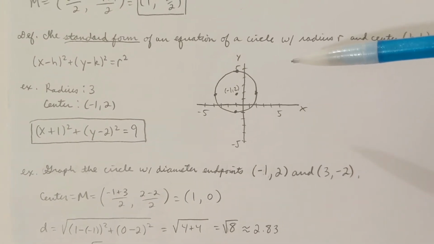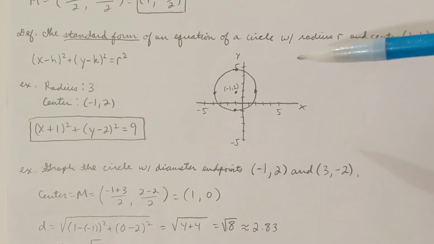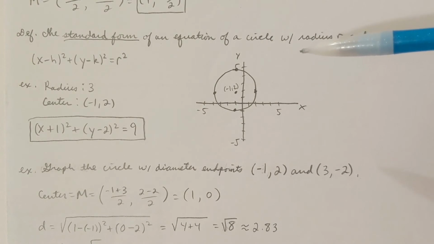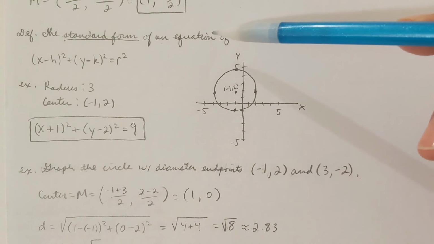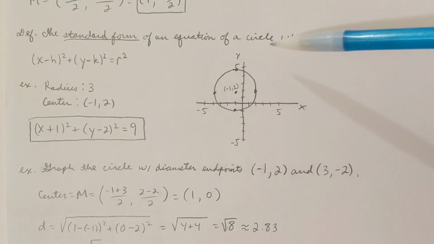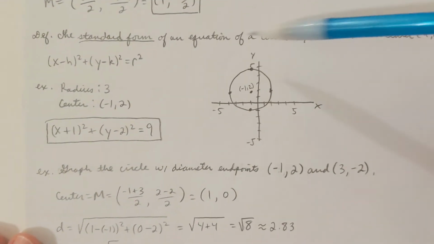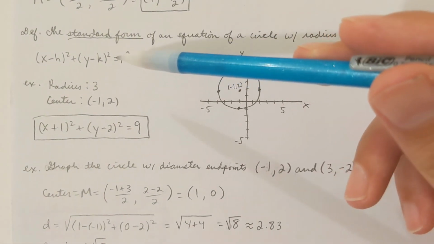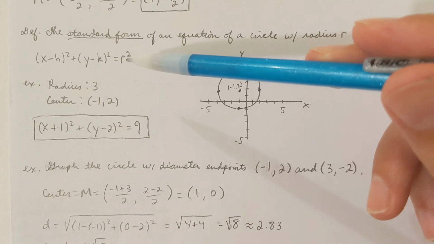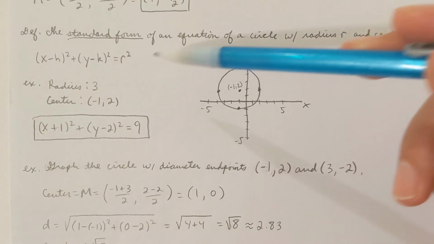Another example that we have is a circle written in standard form. The standard form of an equation of a circle with a radius r and center h, k is x minus h squared plus y minus k squared equals the radius squared.